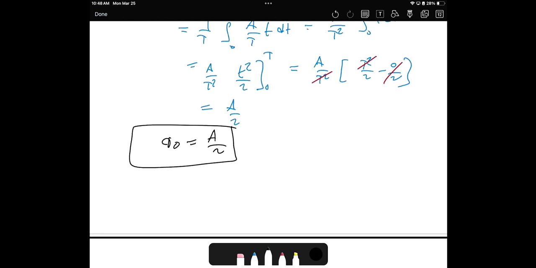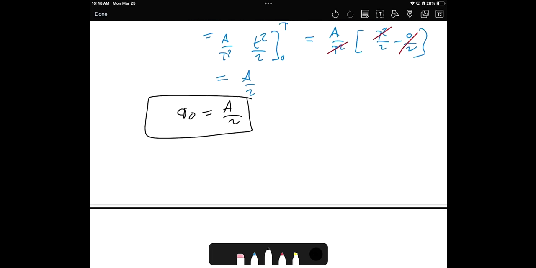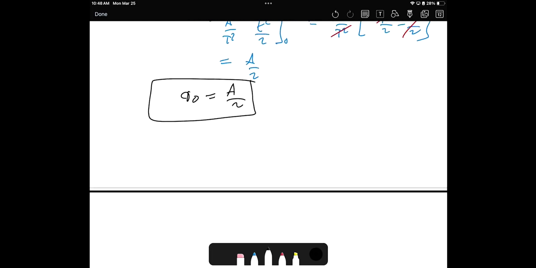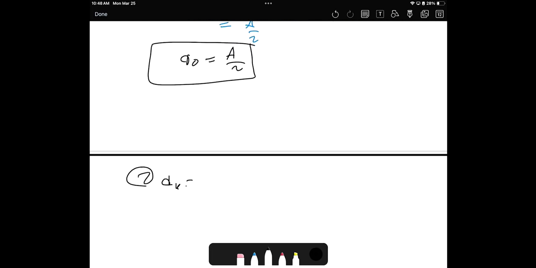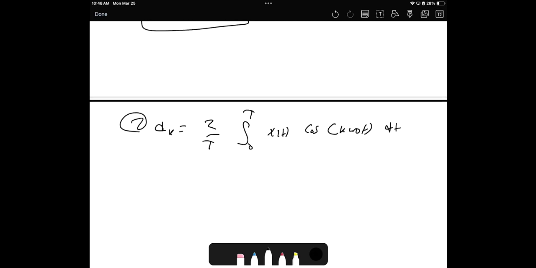The next thing is to calculate a of k, the second unknown. A sub k, according to the equation, is 2 over T, the integral from 0 to T, x of t cosine k omega naught t dt. And we know x of t is A over uppercase T times lowercase t.